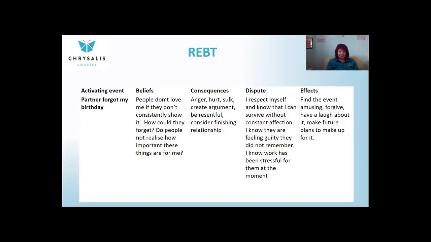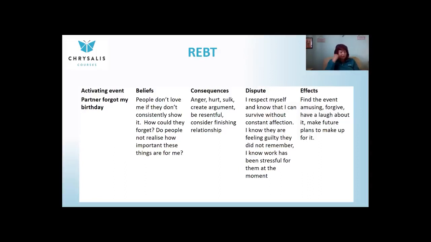So the first one is that it is necessary for adults to be loved by significant others for almost everything they do. Instead of us concentrating on loving and also loving ourselves, having self-respect.